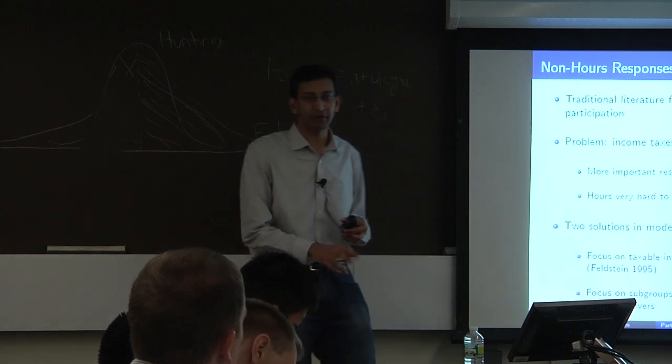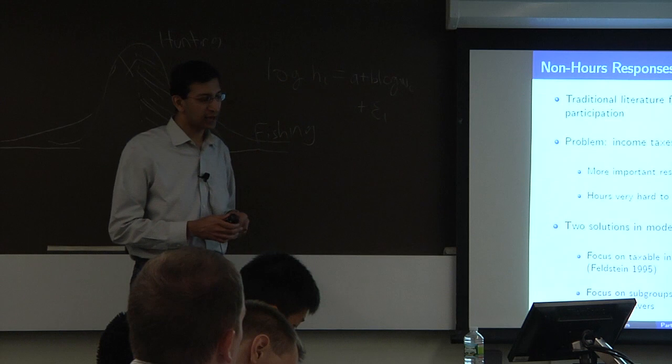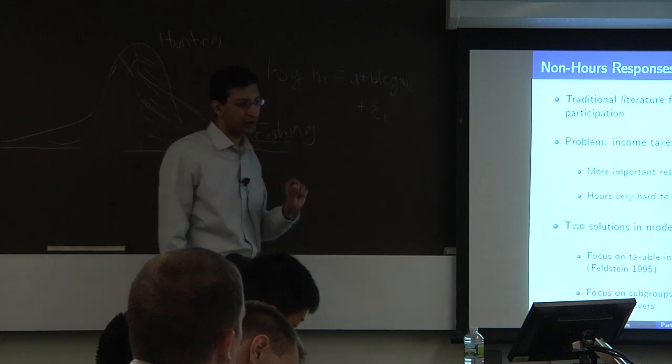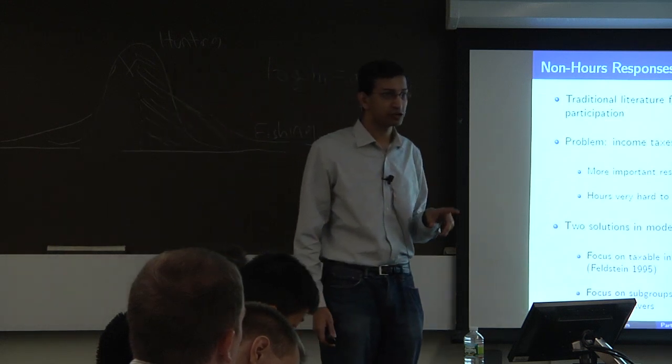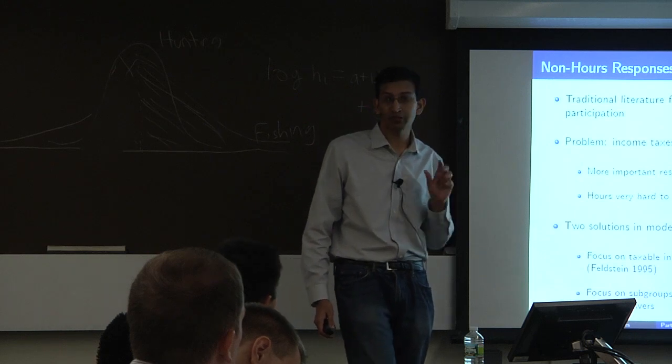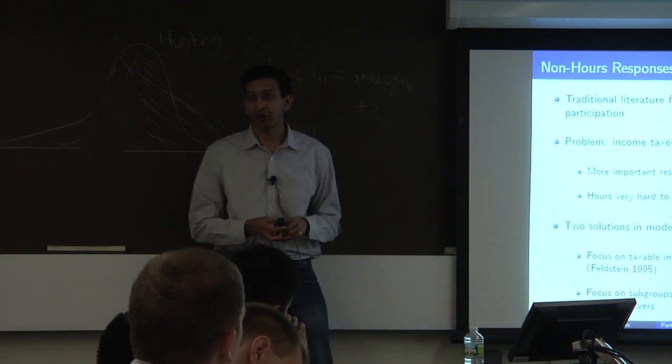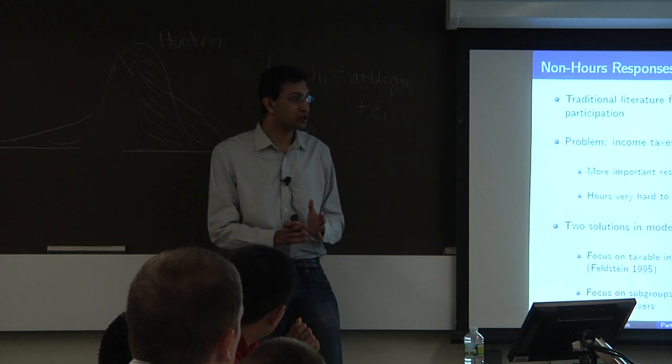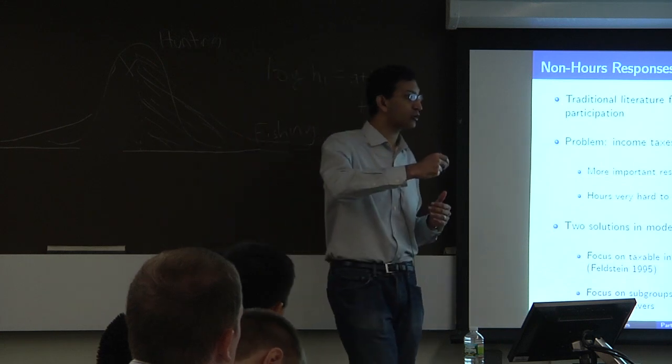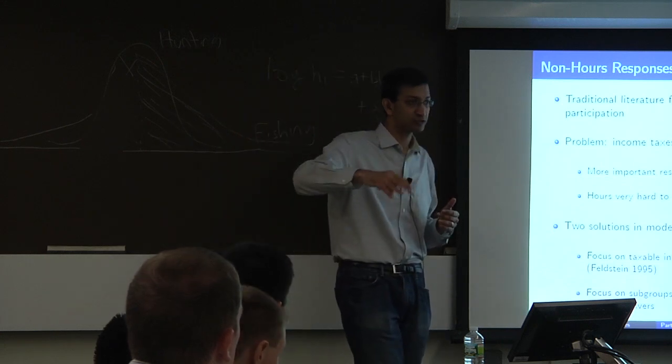The reason I'm not going to spend a lot of time on this in this class is something we'll talk about later. The frequency of the variation that you're using matters a lot for which elasticity you're identifying. So initially, we're going to talk about a static model where there's no notion of the time over which wages are changing.